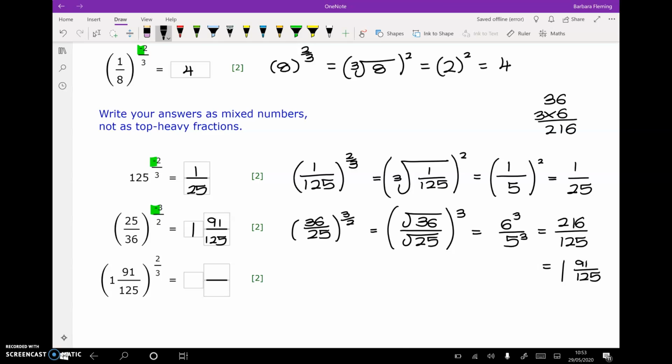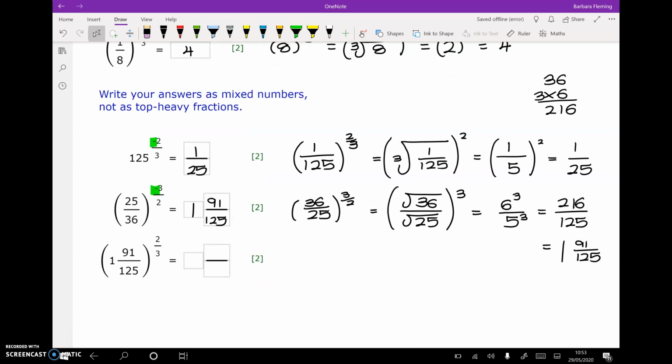Okay, last one. 1 and 91 over 125 to the power of 2/3. Now that is very handy because I actually want to turn that first of all into a top heavy fraction, and that is the exact same as the answer we just got. Very handy. So 216 over 125.